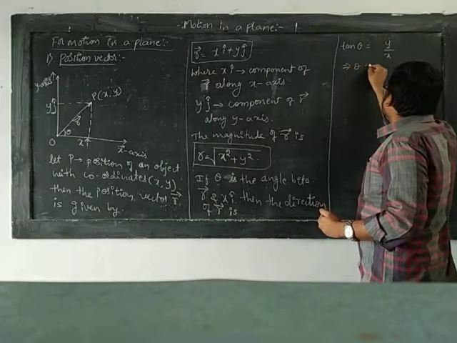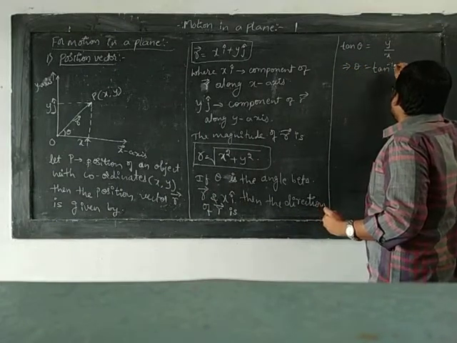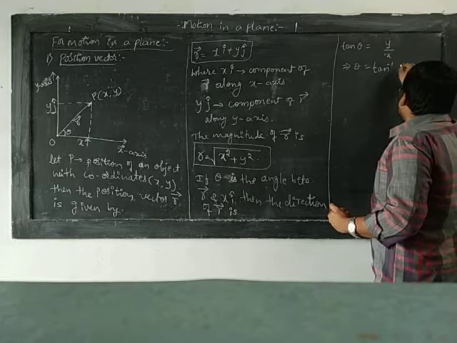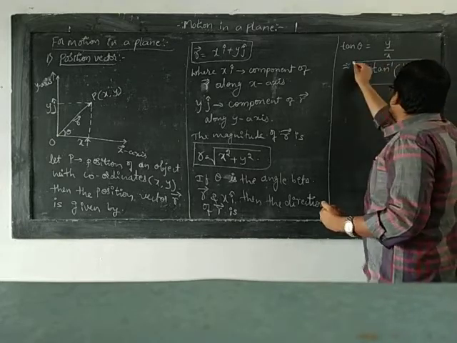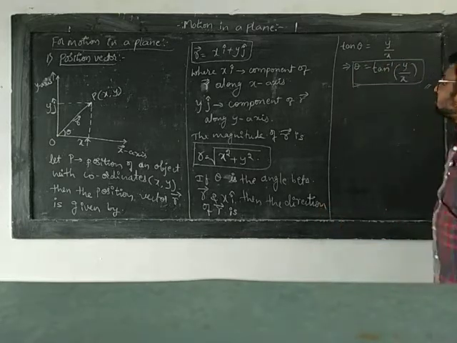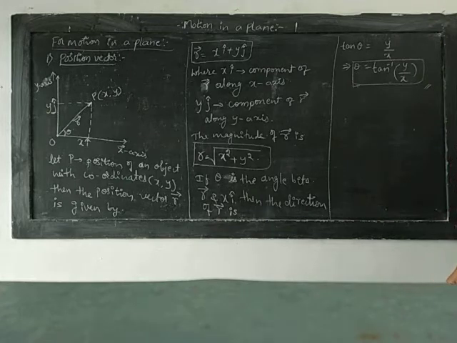That is why theta is equal to tan inverse of y divided by x. So from knowing the value of theta, we can find out the direction of the position of the object with respect to the origin of its plane. Is it clear? Okay, take a screenshot and write it in your notes.